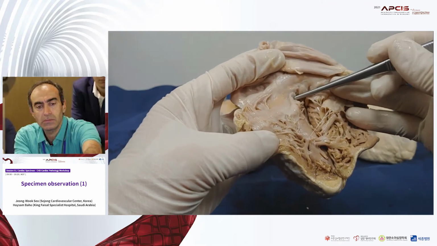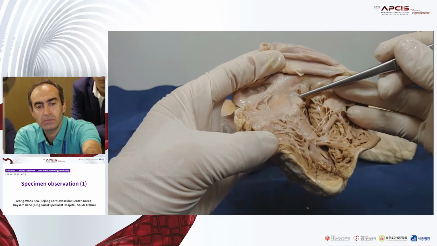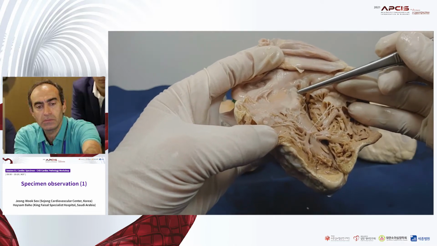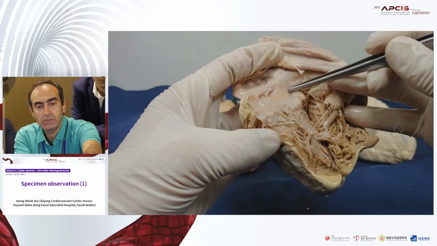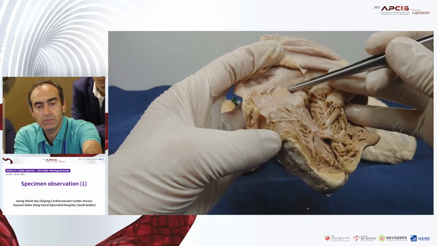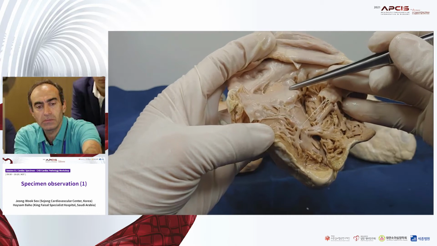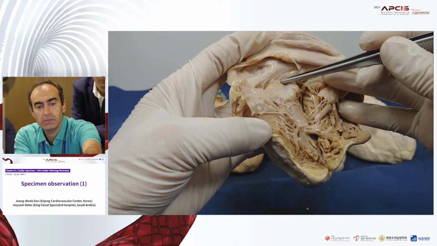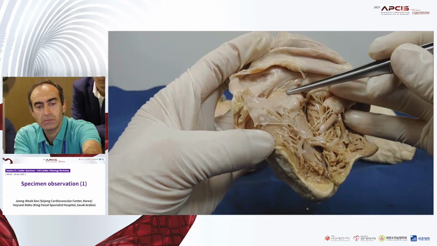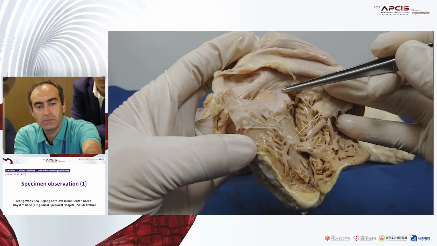This is where an important structure lies, which is the membranous septum. This septum separates the right atrium from the left ventricle, and it's above the septal leaflet of the tricuspid valve, so it's called the atrioventricular membranous septum.